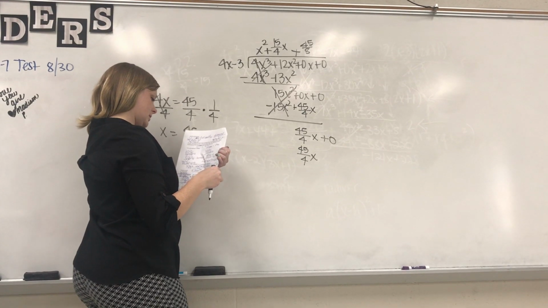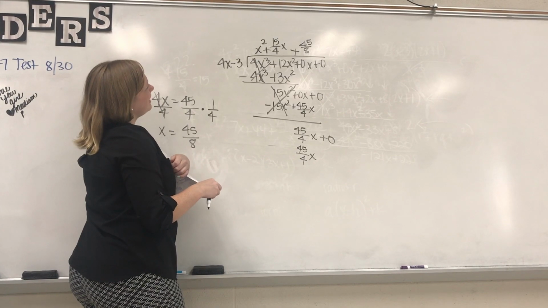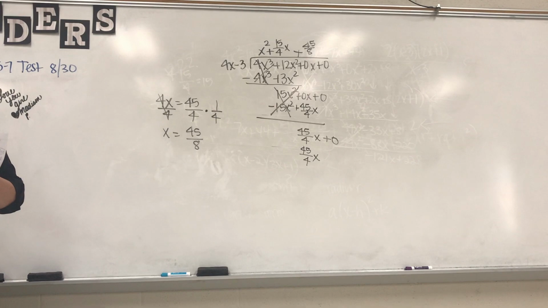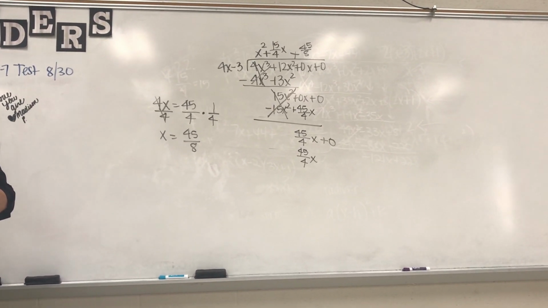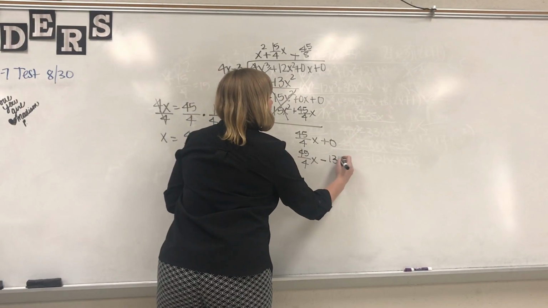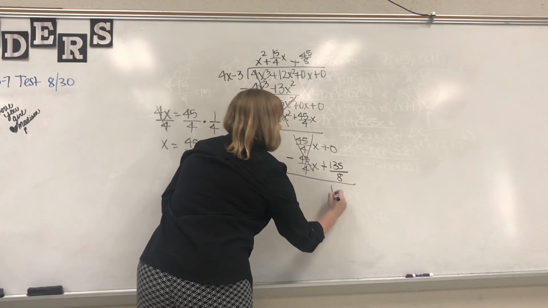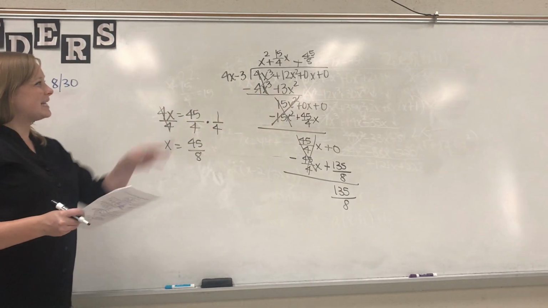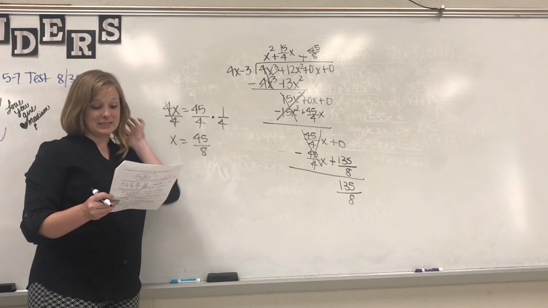Did I get that? No, I didn't. Okay, hold on. 45 eighths. Like I said, I don't really think you'll have one like this on your test, but just in case. And you get 135 eighths. All my signs change. 135 eighths is going to be your remainder. Okay? Really icky, but I'm like 90% confident you won't have one like this.